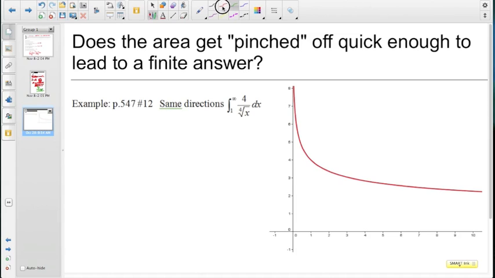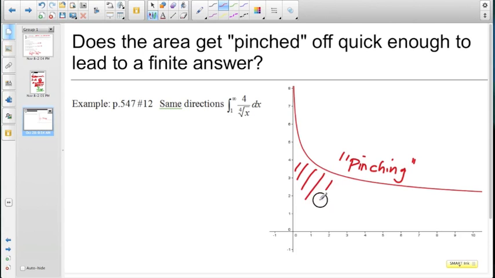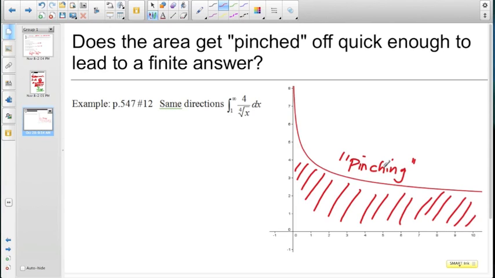But again, we have that characteristic pinching off that's occurring here. And all we're doing is checking the area under this curve for a finite value. And if we get that finite value, that means we're pinching off fast enough. And that is really how we determine whether or not we have a convergent or a divergent expression.